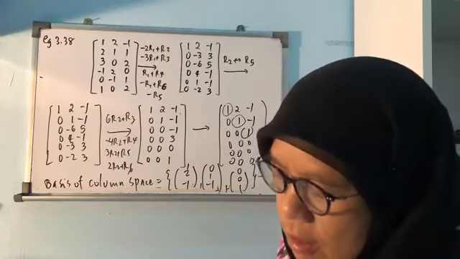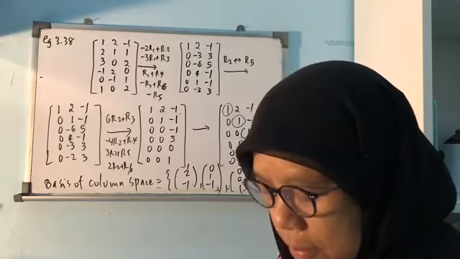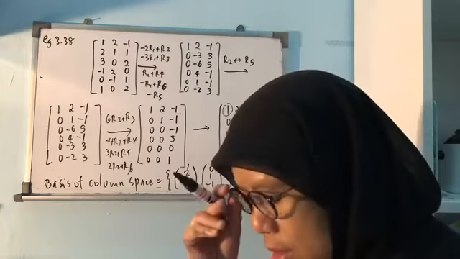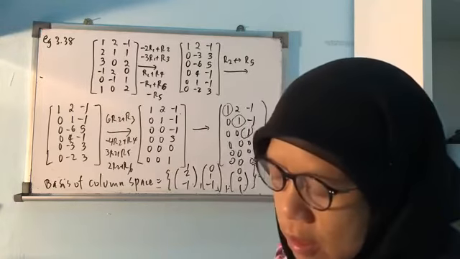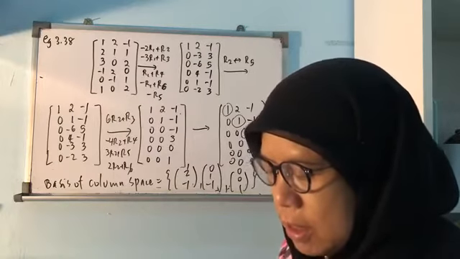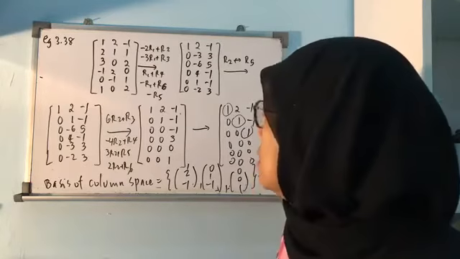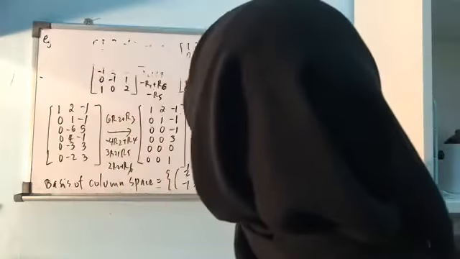So basically this is the column space and the row space. And the last one that I want to mention today is about the null space. Okay, the null space is another one.